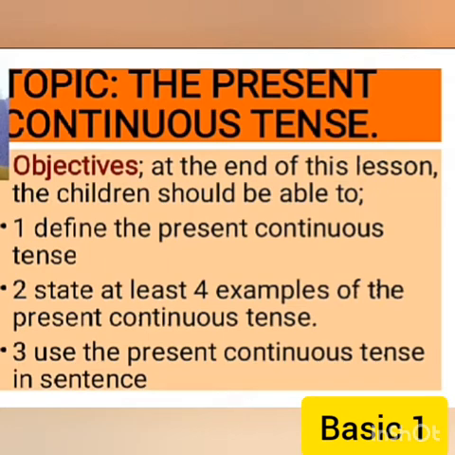Another one is water, oil, dust, and so on. These were our examples for the uncountable nouns. But in English today, we are no longer going to concentrate on the uncountable or countable nouns. Rather, we want to learn about the present continuous tense.